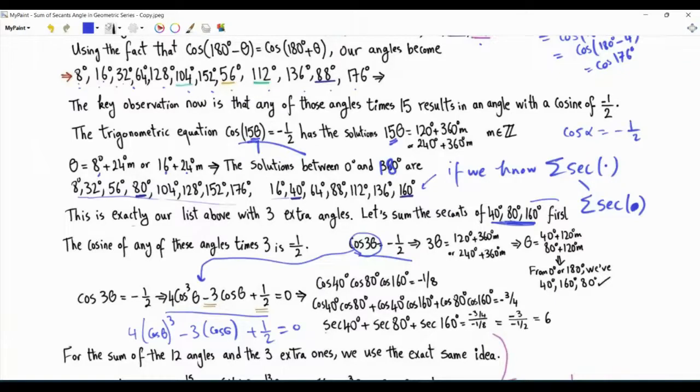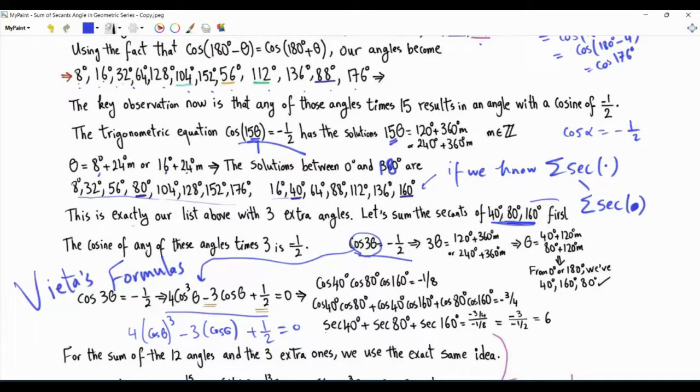Now, we are interested in the sum sec 40, sec 80, sec 160. Well, now our friend is Vieta's formulas. The roots of this equation are cosine 40 degrees, cosine 80 degrees, and cosine 160 degrees.